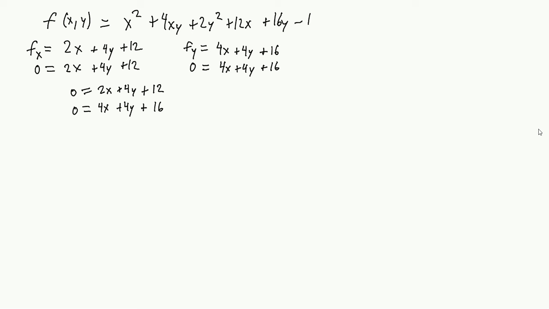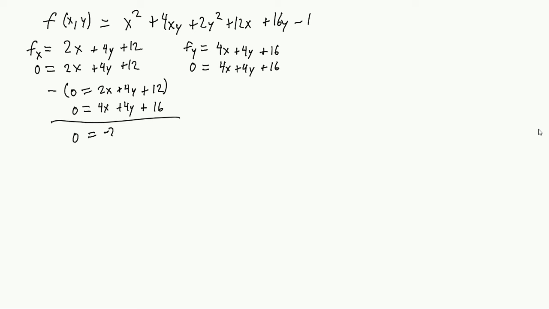So if you look at the y's here, these are both 4y. So they're already the same coefficient, they're both 4, but we need an opposite sign. So multiply one of these by a negative sign. You've got to multiply all the way through. So negative times 0 is still 0.